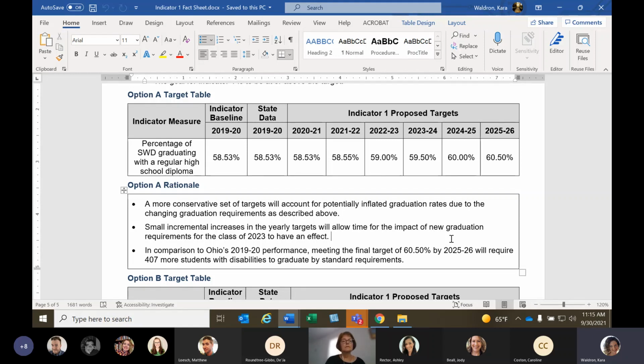More versatility and options. So an optimistic lens would suggest that after we had some time to implement those, we could start to show improvement around graduation.